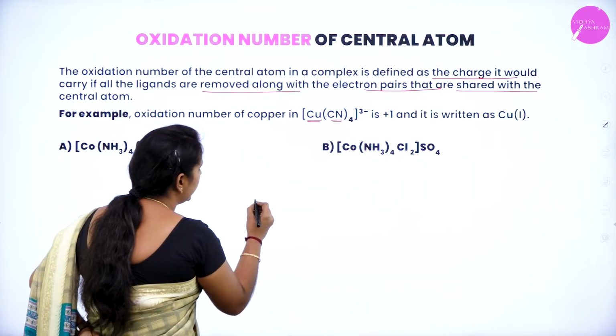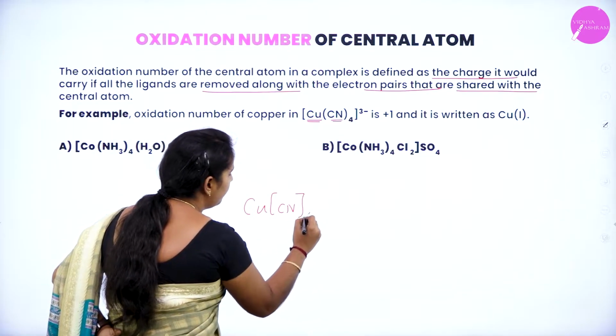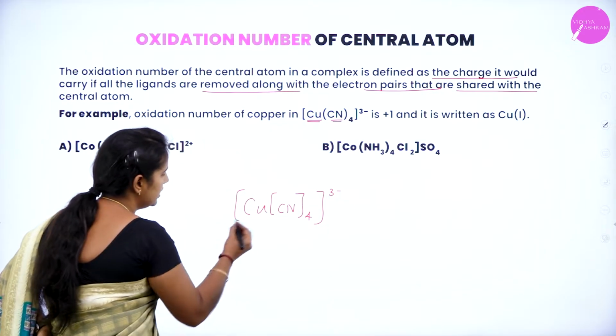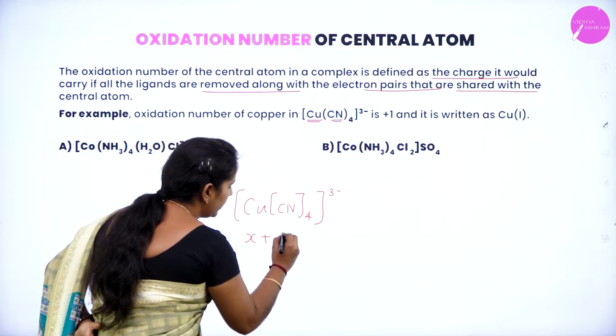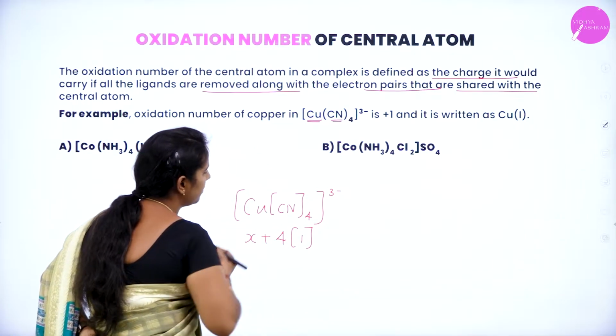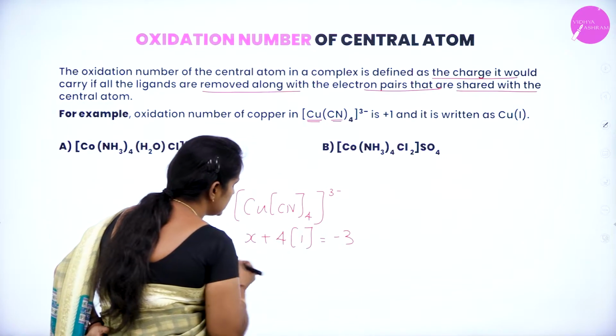So, how to calculate this? Now, I will take note of the example, Cu(CN)4 3 minus. I will consider copper as X plus 4 into 1, because the charge of CN is 1, is equal to minus 3.